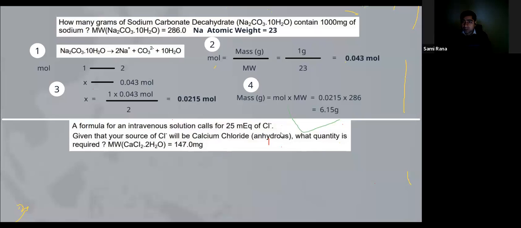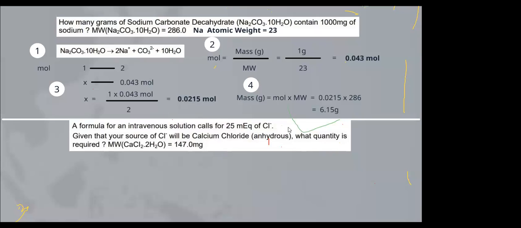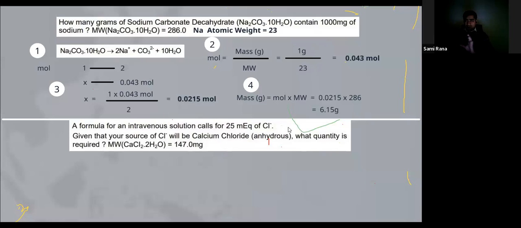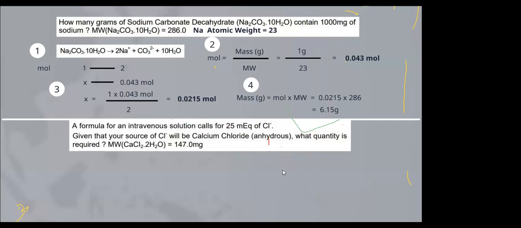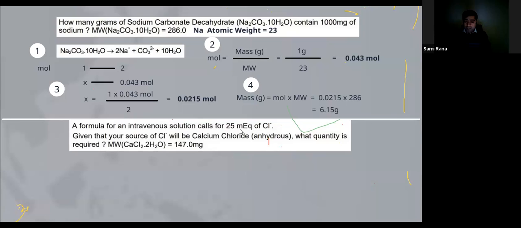Is this going to be gram or milligram? Should we stick with the gram or mole level, or should we go with millimole and milligram level? Milligram level, because we are talking about MEQ.